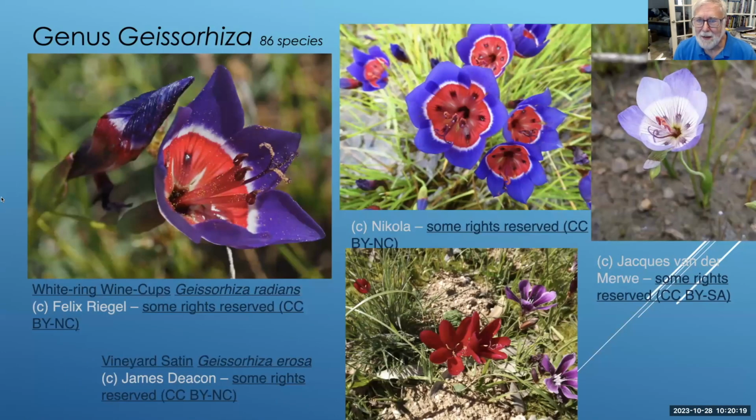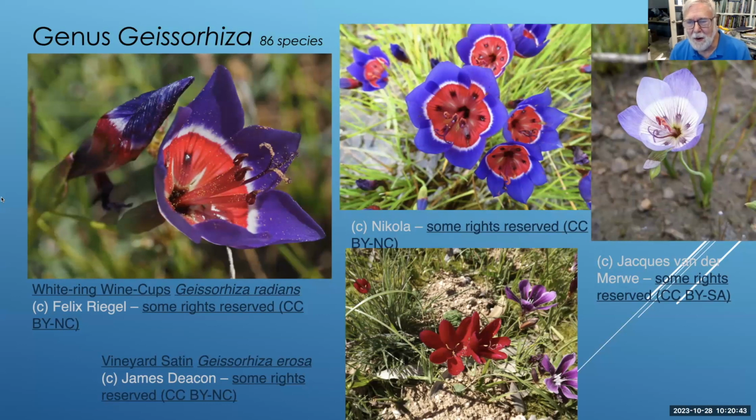This, I think, is like a showstopper. The white ring wine cups, Geissorhiza. Anyway, they're, again, small crocus-like flowers.